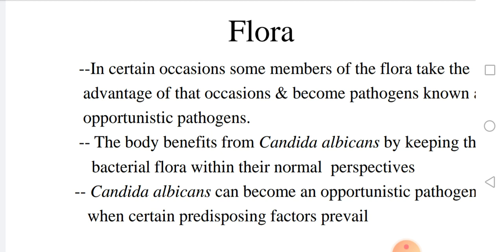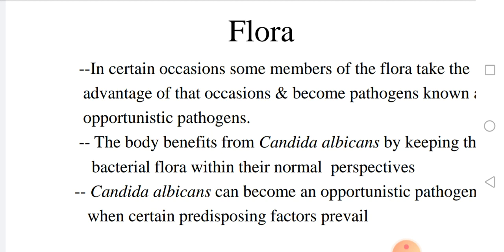In certain occasions, some members of the flora take the advantage of that occasion and become pathogens. Such pathogens are known as opportunistic pathogens.